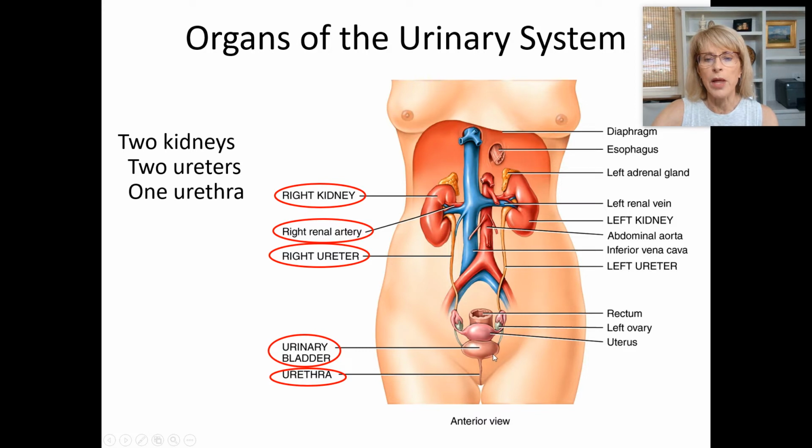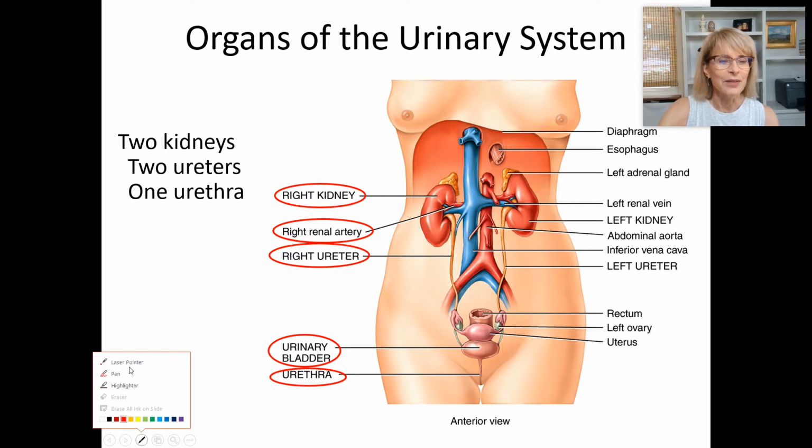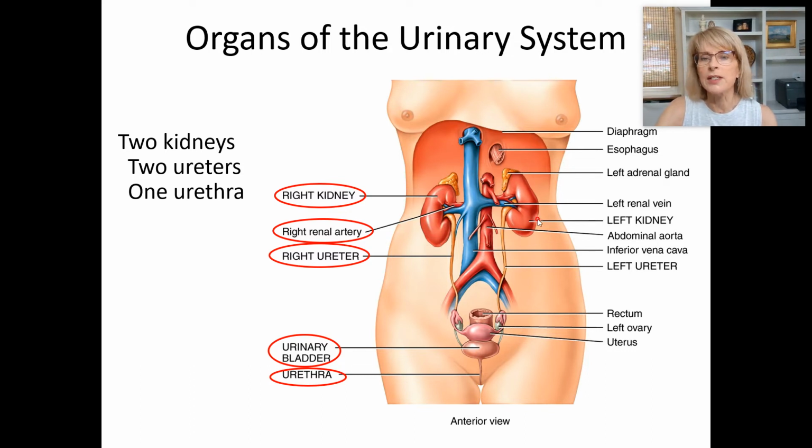The urinary bladder is the organ of this system that is going to store the urine that has been created by these guys, the kidneys, okay? Humans are designed to be born with two kidneys. Each kidney is going to make the urine. Once the urine has been made, it will be sent down a tube called the ureter, right?